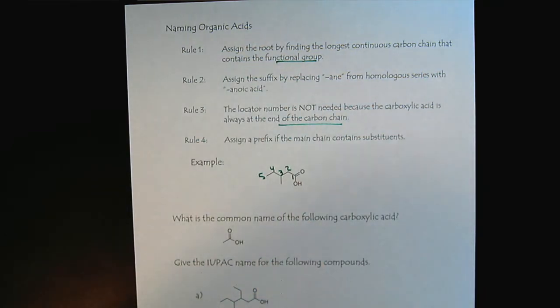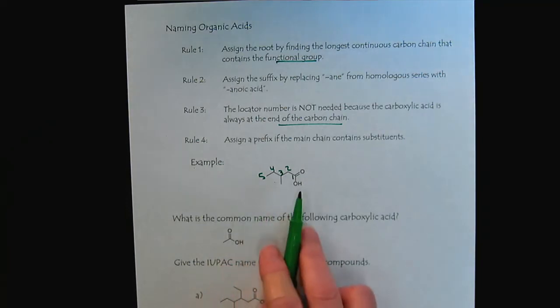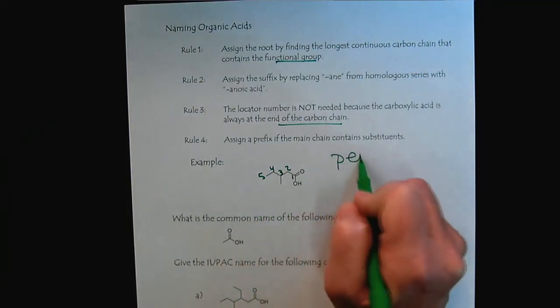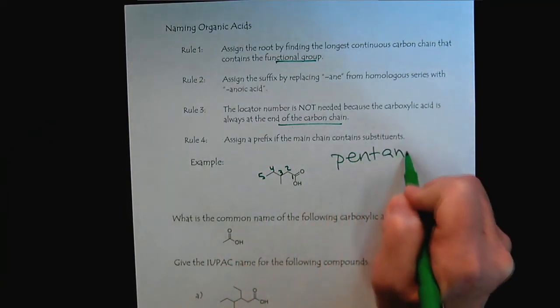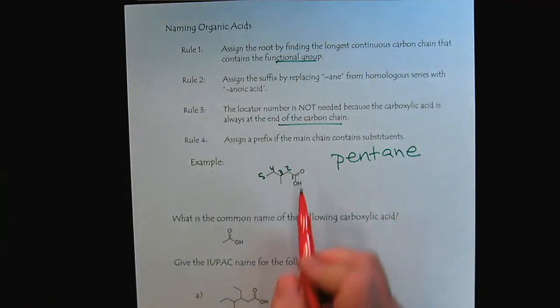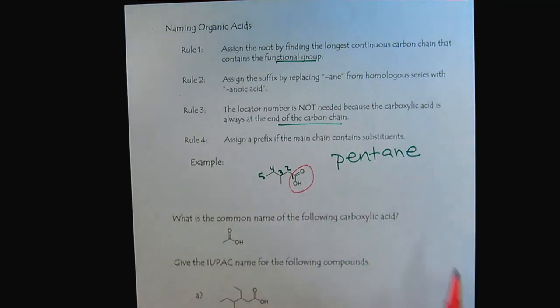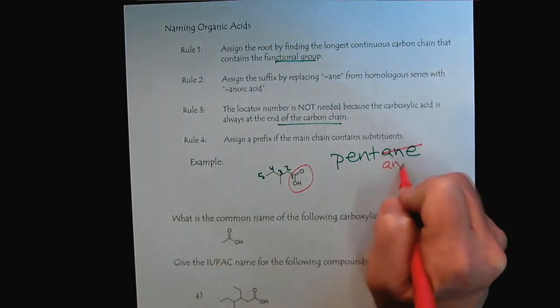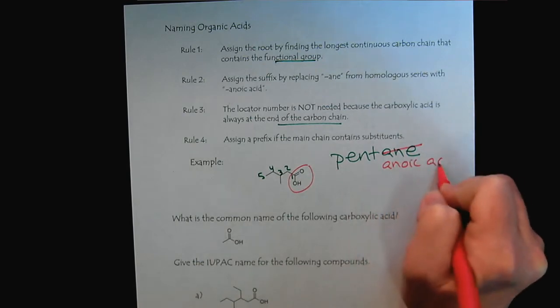Everybody knows it has to be carbon 1. And so if we look here, we have a 5-carbon chain. So from the homologous series, we would call that pentane.